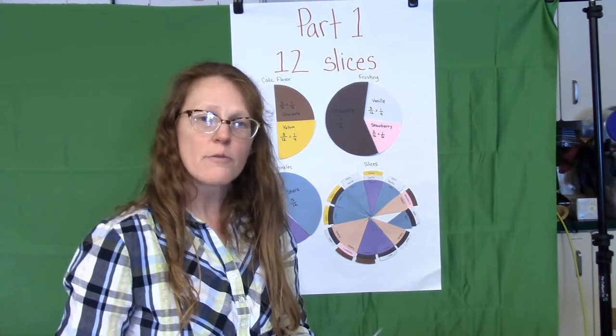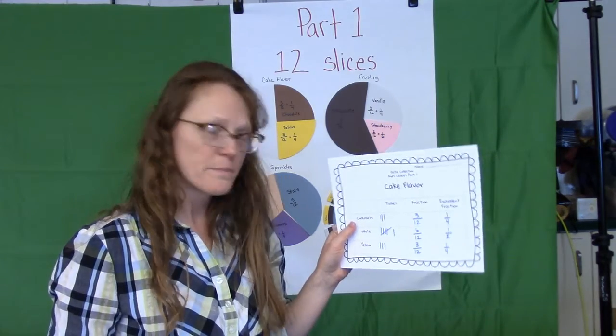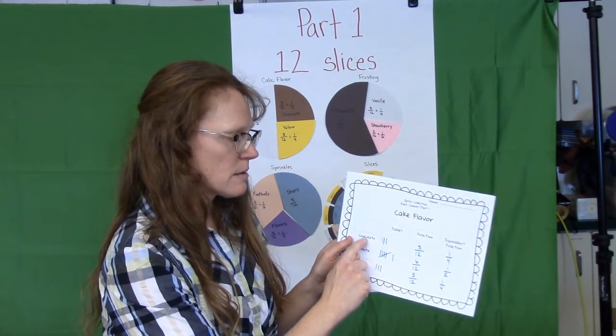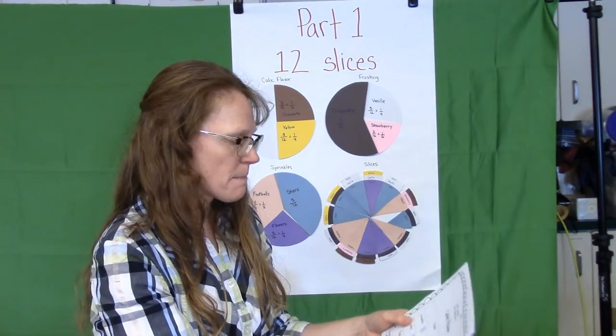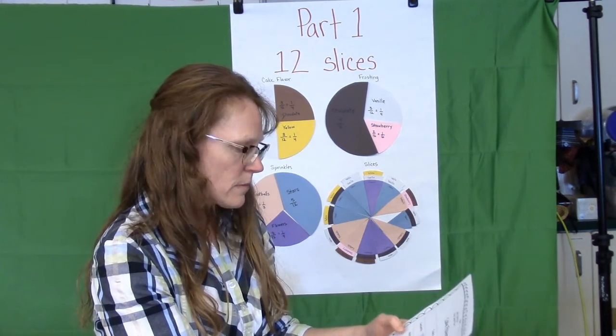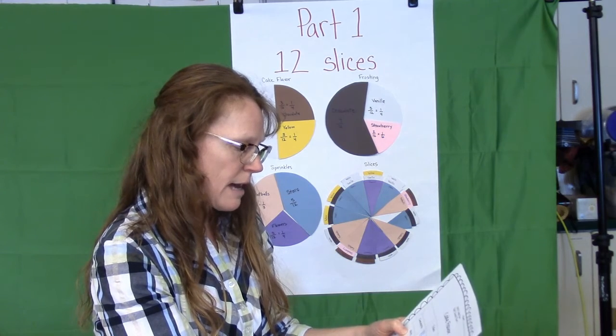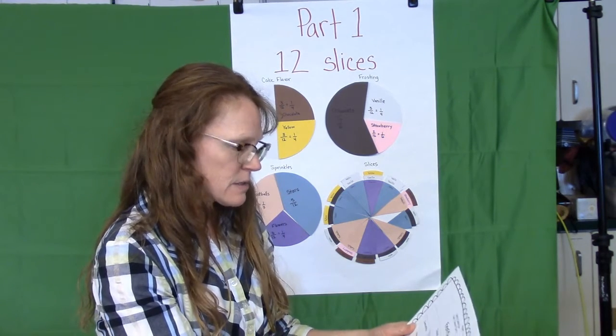Okay, so let's see if we got these right. Let's look at cake flavor. I'm going to read the flavor and then the equivalent fraction, and let's see if you got these right. So for chocolate, it would be 1/4. White cake, 1/2. Yellow cake, 1/4. Let's switch to frosting.